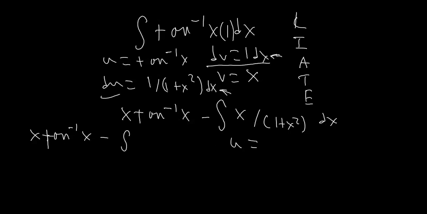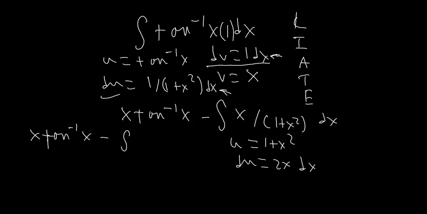Let's just make u equal to 1 plus x squared. And hopefully this problem seems familiar because it's not too bad, as you can use substitution to solve it. Okay, so u is equal to 1 plus x squared. Du is then equal to 2x dx.